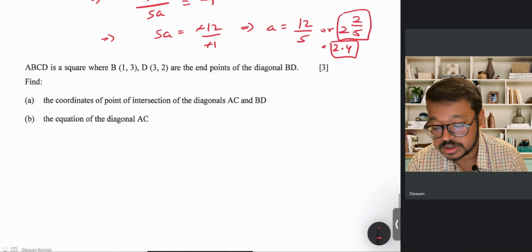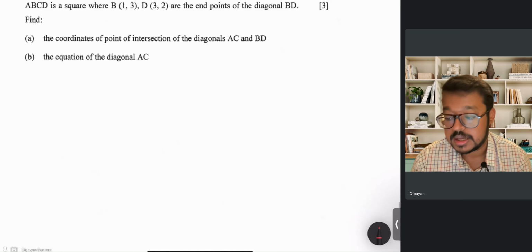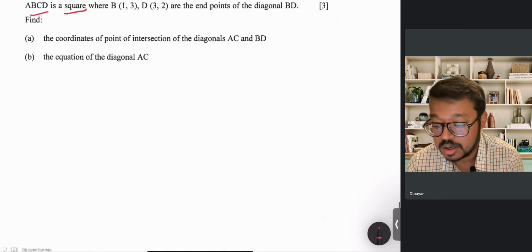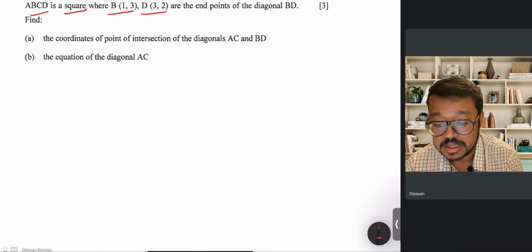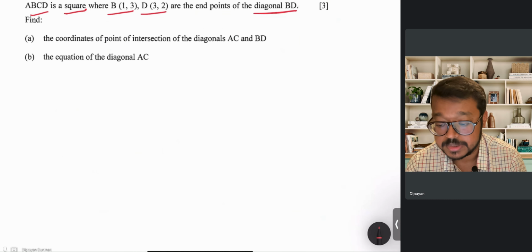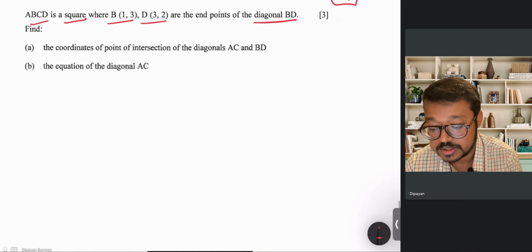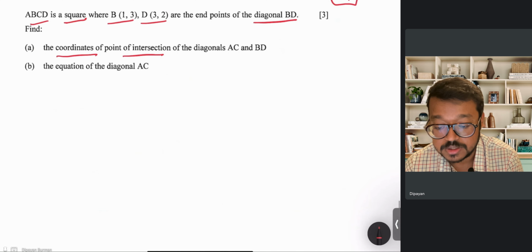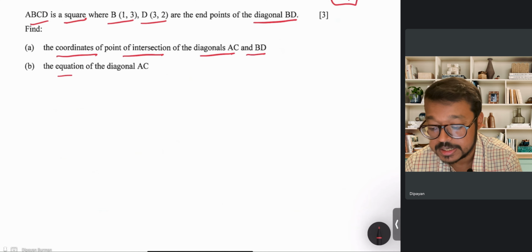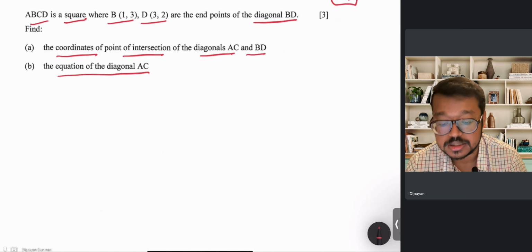Then the last question: ABCD is a square where B is (1, 3) and D is (3, 2). These are the endpoints of diagonal BD. We need to find the coordinates of the point of intersection of the diagonals AC and BD, and hence the equation of diagonal AC.